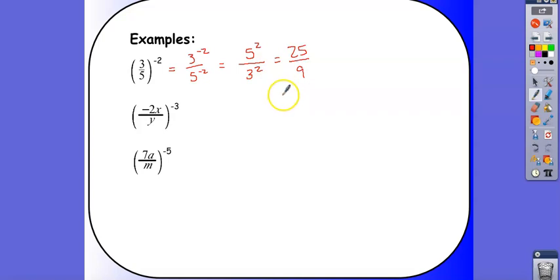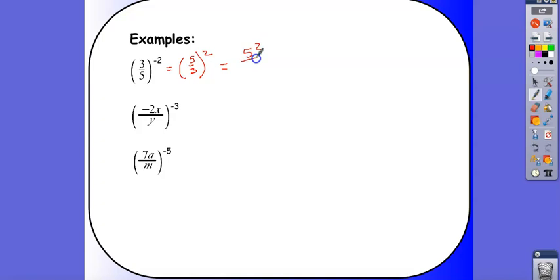Okay, I'm going to show you a little bit of a shortcut to that. Let me erase this one. If I have a negative 2, I could make it positive by flipping them right away. And it becomes a positive 2.